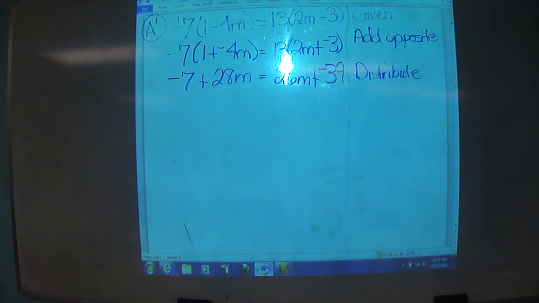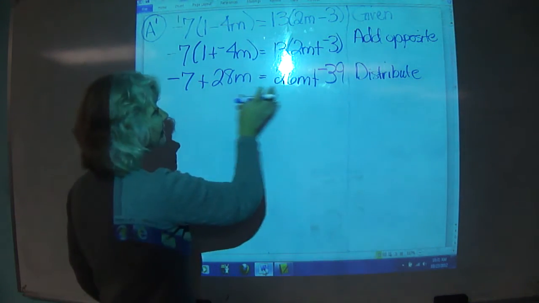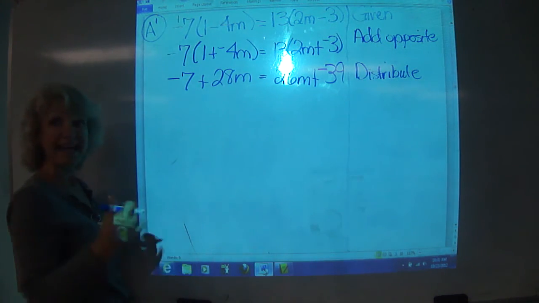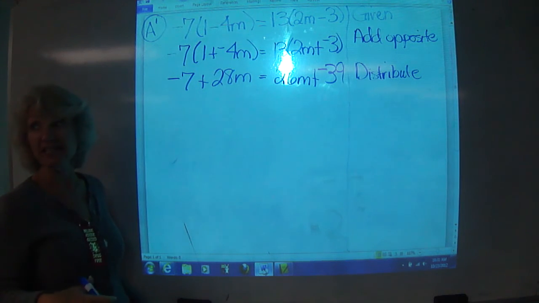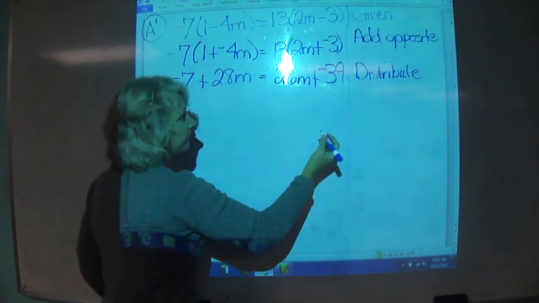All right, so what you want to do is get all your variable expressions on one side. And because there's addition between every item, doesn't matter what you do, but you're going to add an opposite. And one of the things I like to do, there's no rule. You can pick whichever one you like. But I'm going to pick the smaller of the two, so I end up with a positive variable expression.